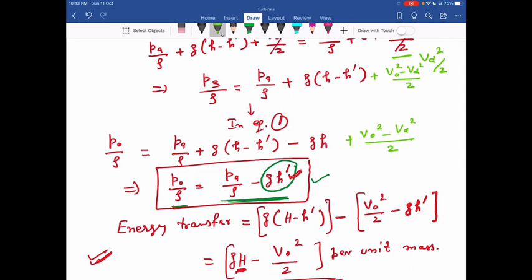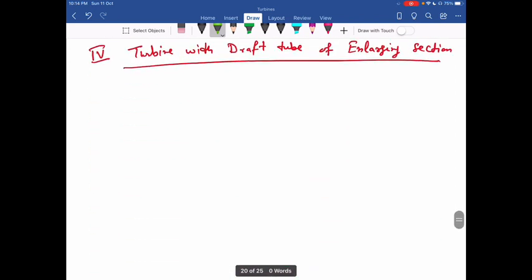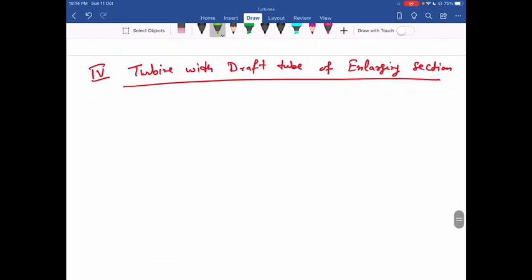Writing this again with brackets, PO by rho is PA by rho minus GH dash plus VO square minus VD square by 2.